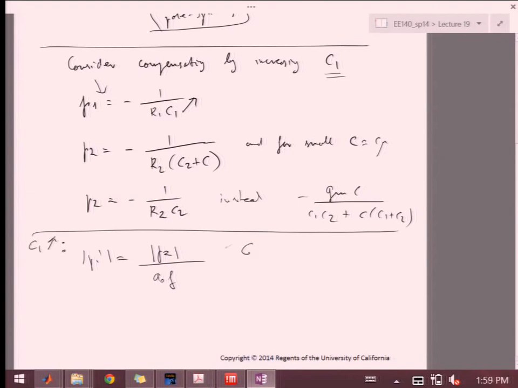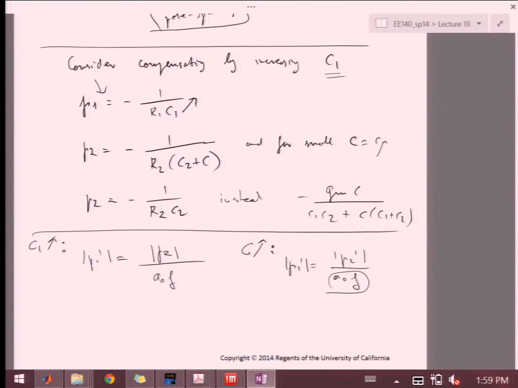And in the case where we increase C, we want to have our P1 prime be actually P2 prime over A0F. Okay? Because now our P2 is also moving, right? So as P2 is moving over there, I can move my P1 less to the left, right, to maintain this same ratio A0F.